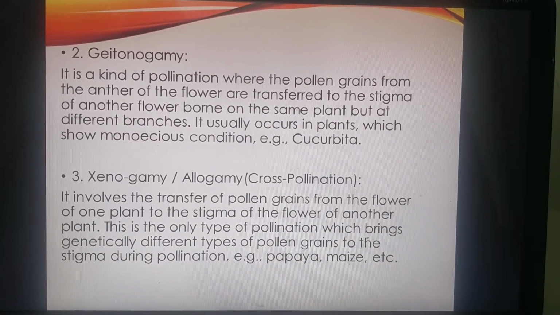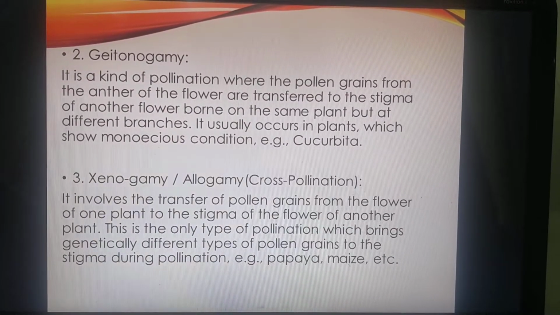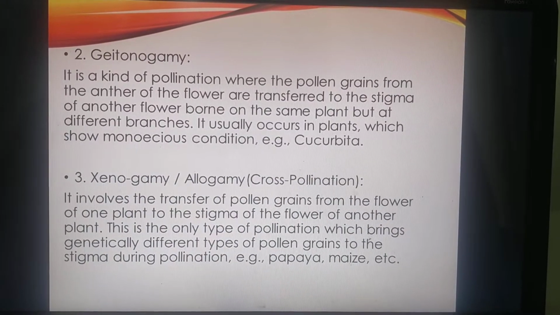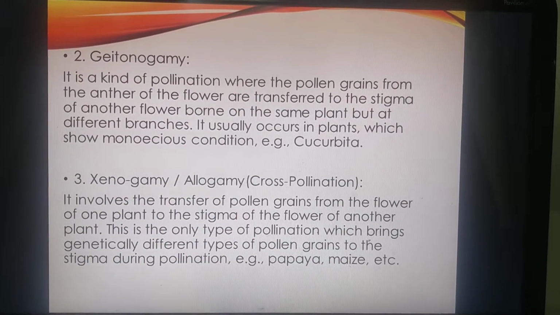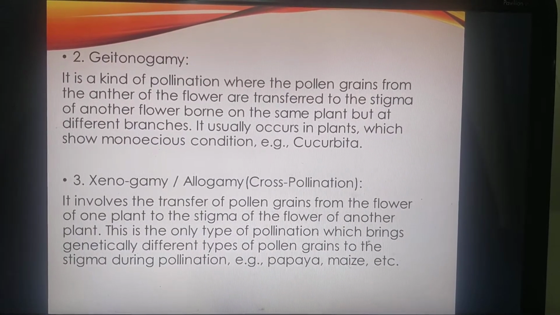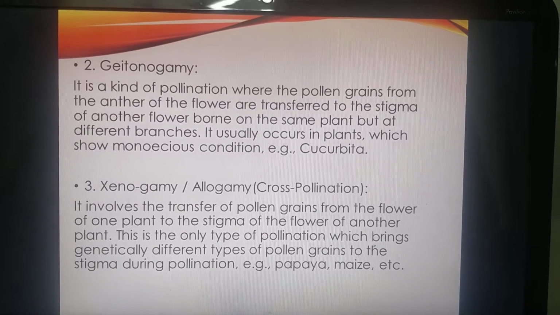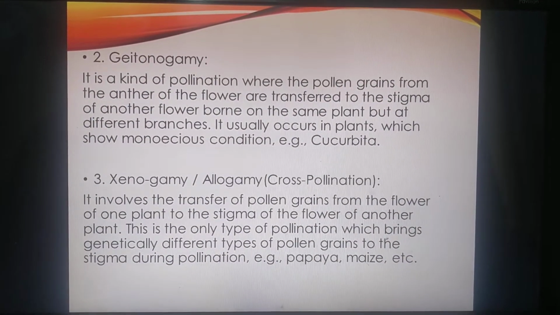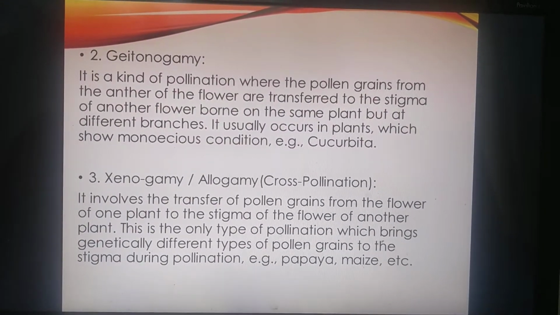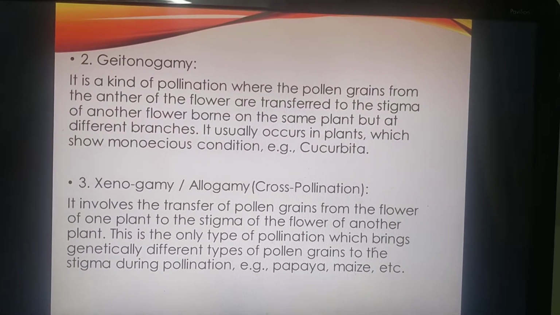That is geitonogamy. If we consider this, we see that it is functionally cross-pollination, means some pollinating agent is required, but genetically it is similar to autogamy, as the pollen grains and stigma or the egg belong to the same plant.